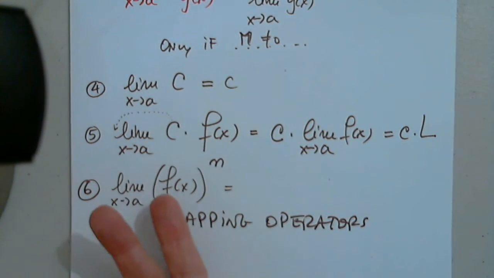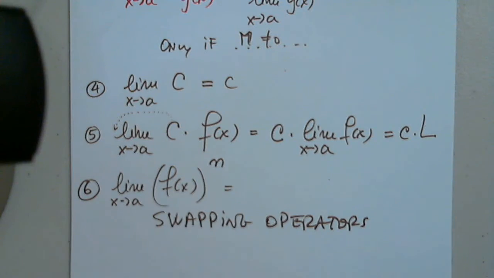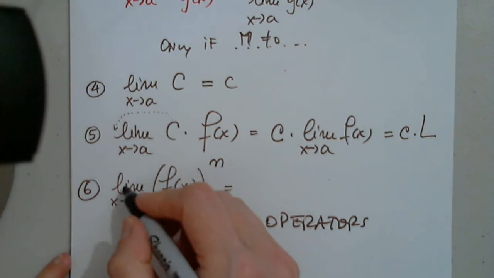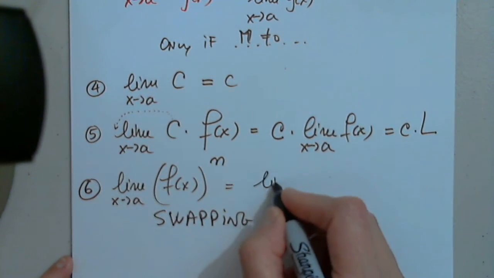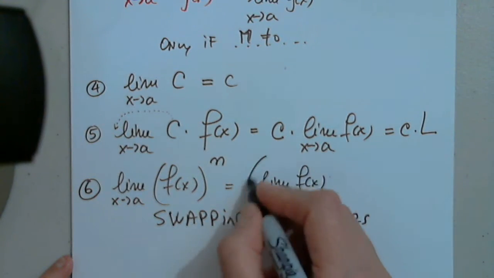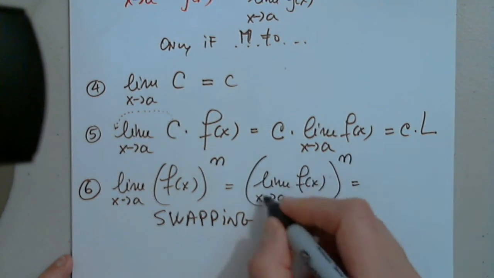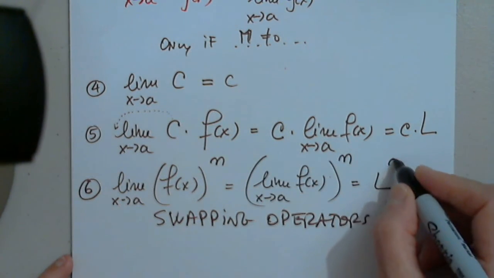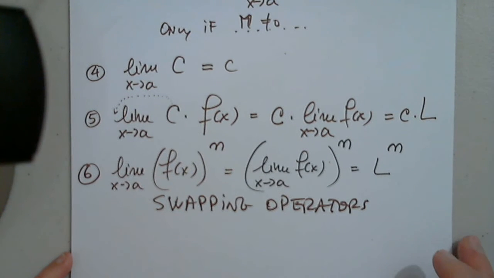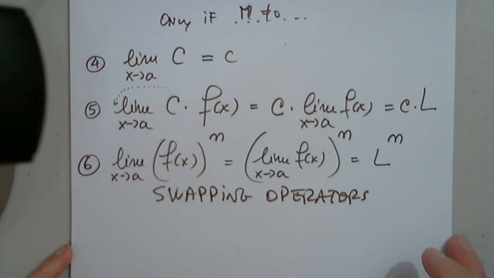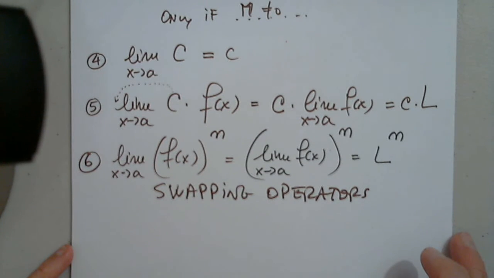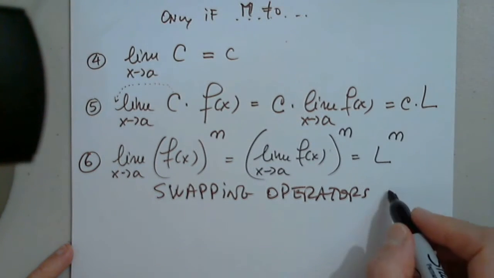I'm going to swap them, and they will be applied in the opposite order. Meaning, I will put limit first, the limit of f of x, and the answer is raised to power n as x approaches a, which turns into L raised to power n. Of course, n is an integer.